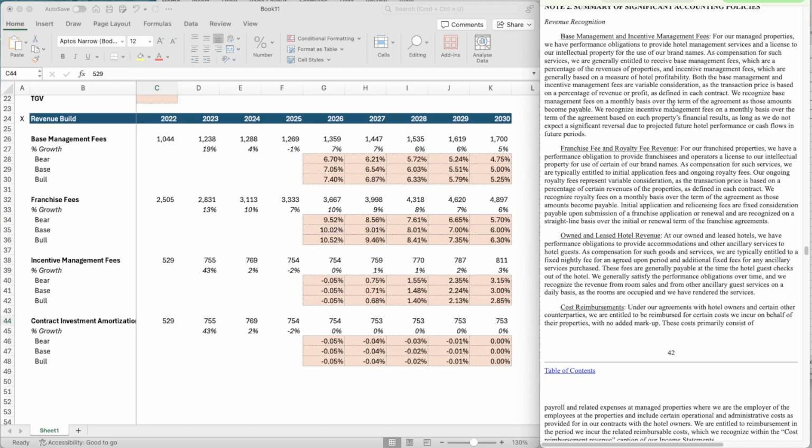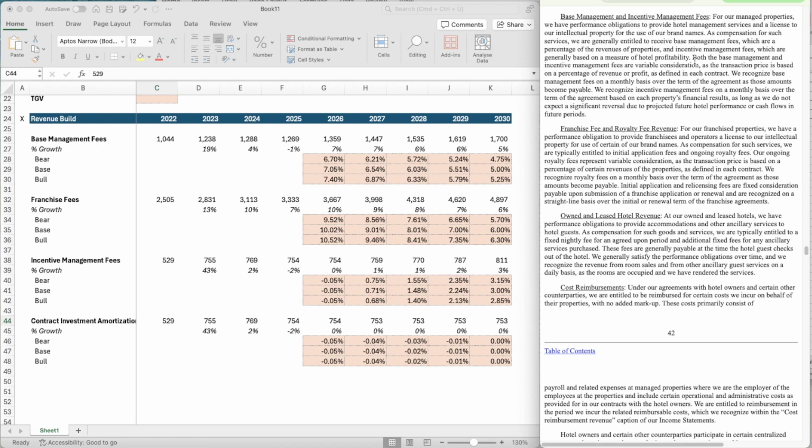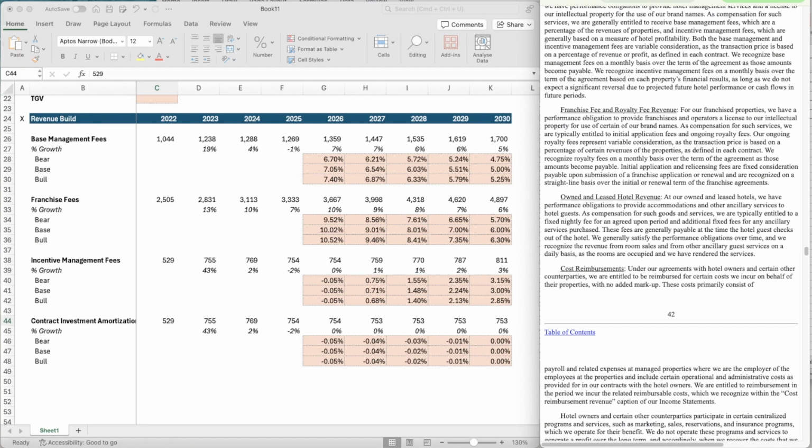So these are variable because they're based on a percentage of a figure. Franchise fee and royalty fee. For our franchise properties, we have a... Oh, so these ones, the base management and the incentive fees, are coming from Marriott owned property. For our franchise properties, we have a performance obligation to provide franchise operators use of certain of our brand names as compensation for such services.